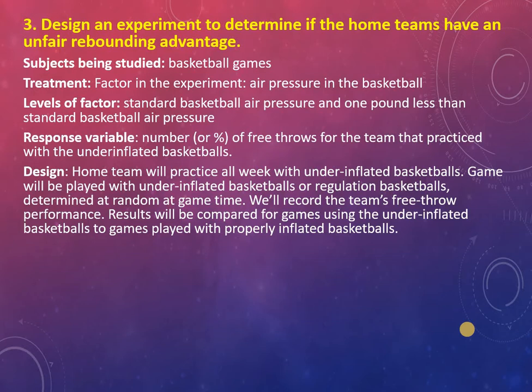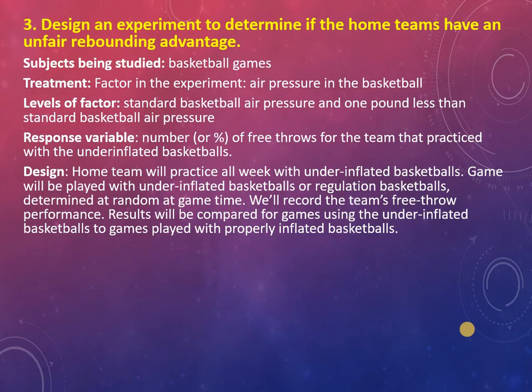And that's fine, addressing the issue at home. Whether you randomly assign to games, some of your home games with regular and some with underinflated, it'll be randomized. Maybe it will be the first 10 games and the second 10 games, however you want to work that.